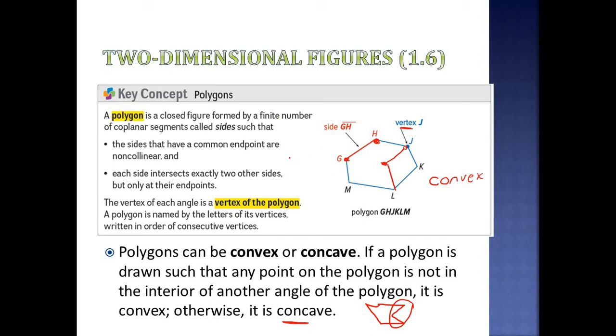The big thing here to know is that polygons are formed by things called segments. So if we were to draw a shape like this, with a curved side, that's not considered a polygon. So that one is not a polygon. Okay?